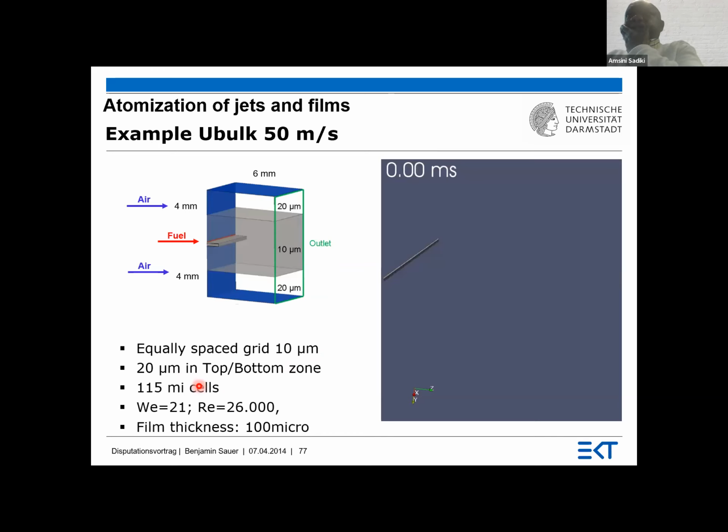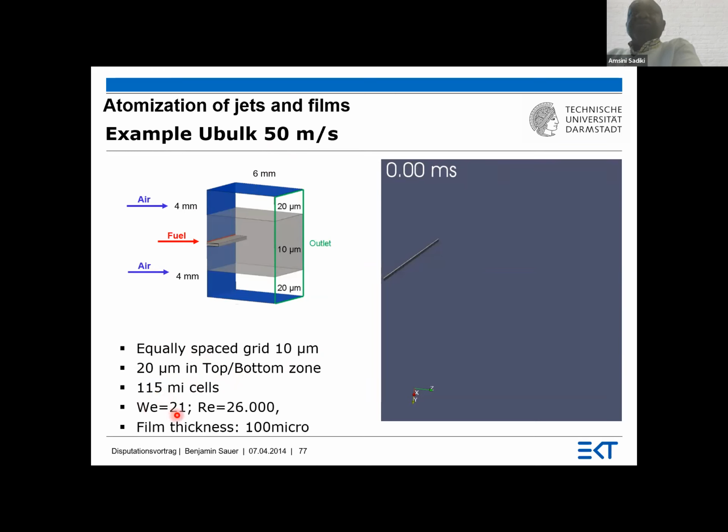So then the calculation: the bulk velocity is 50 meters per second. The fuel is injected here, and we have 115 million cells.